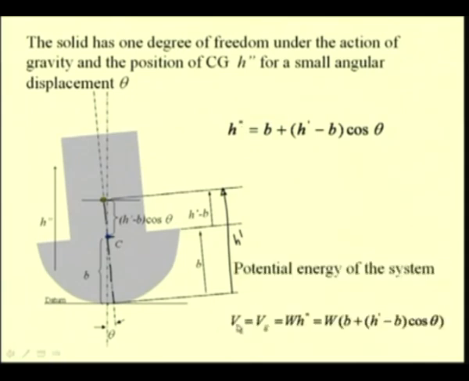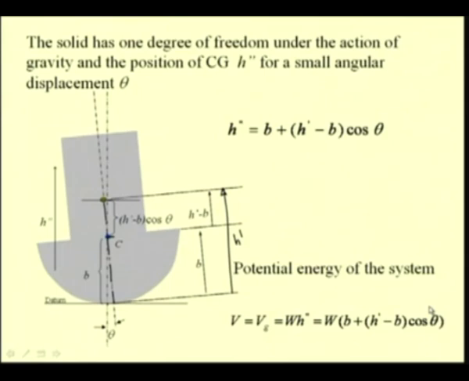So, V, the potential energy of the system, equal to the gravitational potential energy of the system, that is Vg, is equal to the weight of the composite body times the location of its CG, that is H double prime, which is equal to W times B plus H prime minus B cos theta. So, this gives the expression for the potential energy of the system.